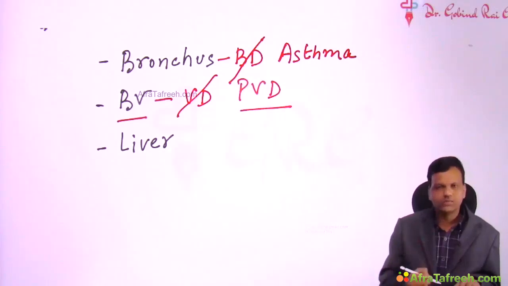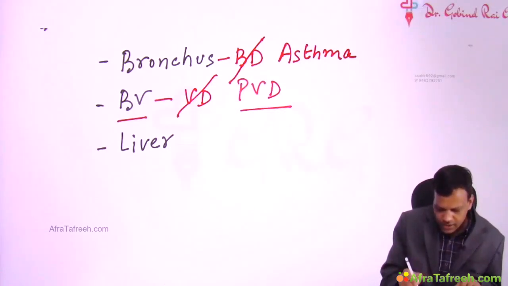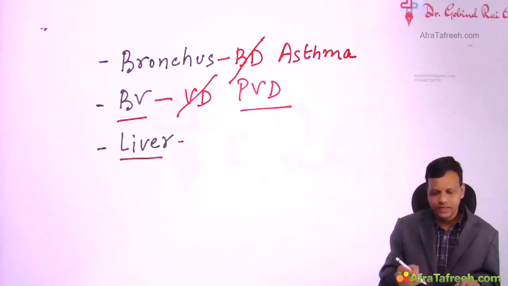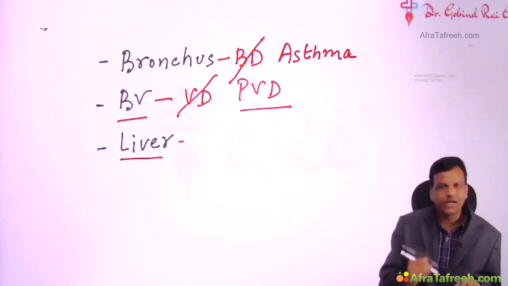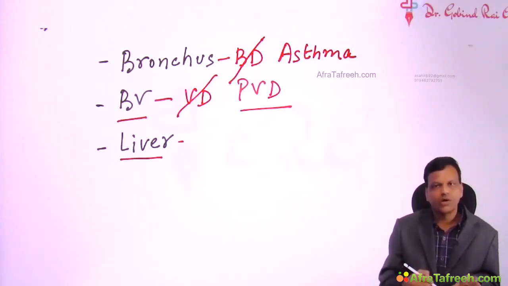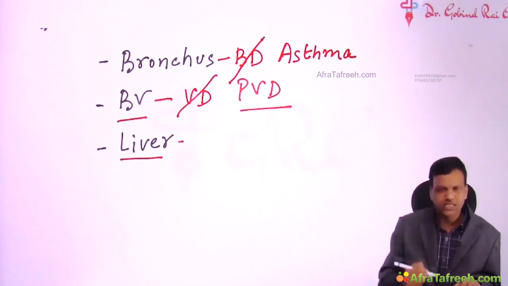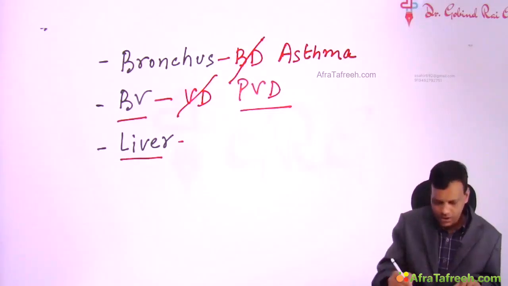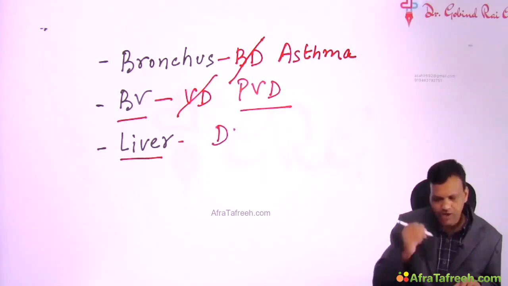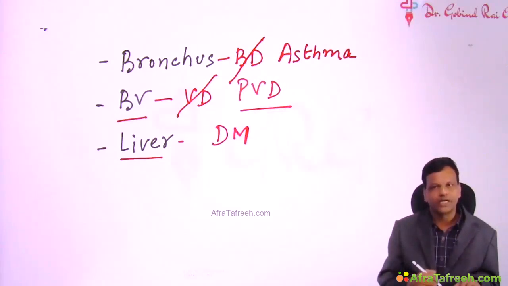So Raynaud disease patients or peripheral vascular disease patients, we will not like to block beta 2. Now in the liver, we discussed beta 2 results in reversal of hypoglycemia. So if we block beta 2, hypoglycemia cannot be reversed, so the person can go into coma. And which person has risk of developing hypoglycemia? Yes, diabetic patient. So we will not like to block beta 2 in diabetic patients.